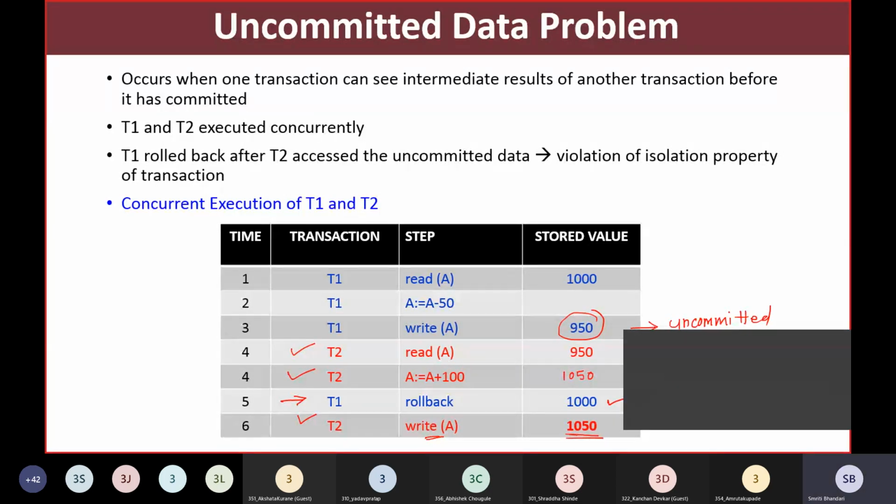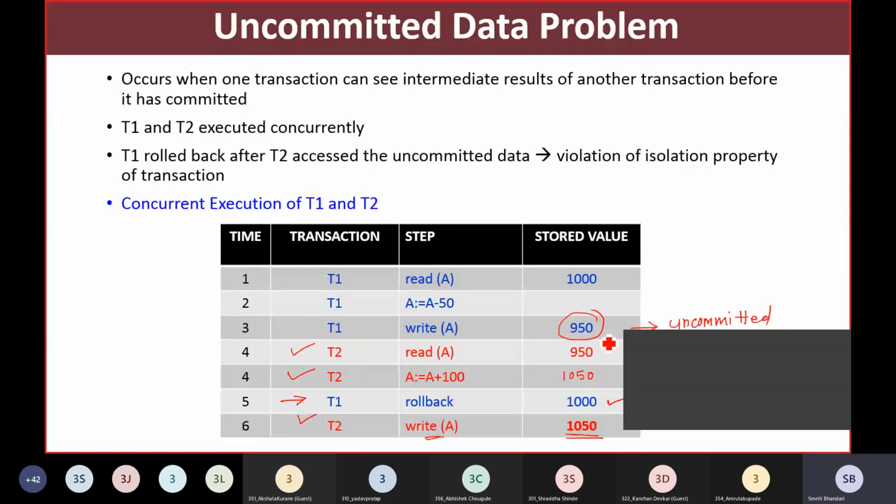Right? So once again, in this kind of uncontrolled situation, if two transactions T1 and T2 are concurrently executing, then another problem that we may face is the uncommitted data problem. And this problem occurs when one transaction can see the intermediate results of another transaction.